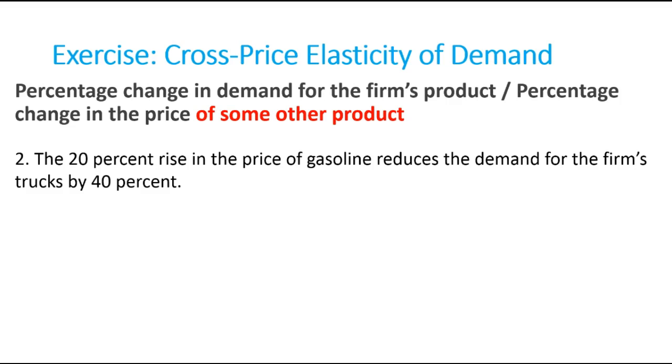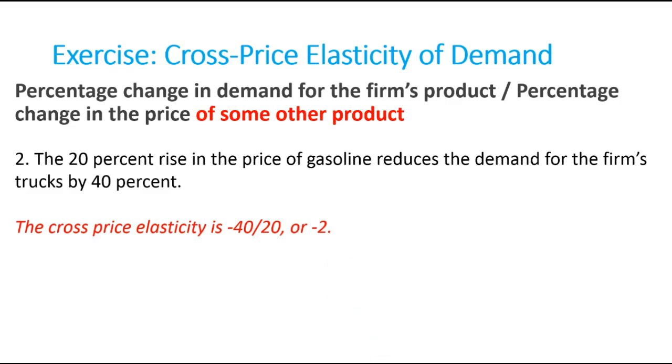So if the price of gasoline goes up by quite a lot, and we see a big decline in the demand for the trucks, then we can just again take the ratio of those two things, the 40% decline in demand, as the price of the good goes up by 20%. That gives us a relationship of -2.